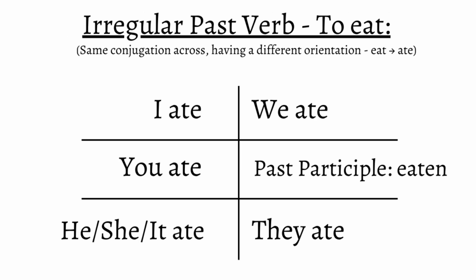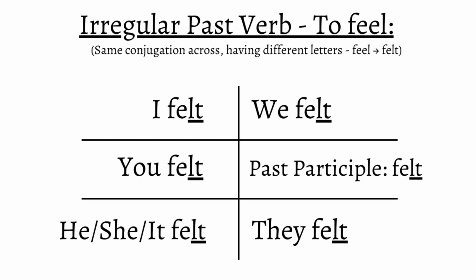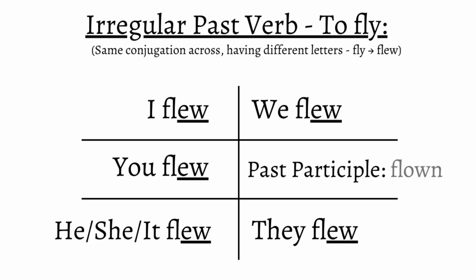Ate. Its past participle is eaten. Then we have to feel in the past simple. Felt. Its past participle is also the same. Felt. Now we have to fly. Flew. Its past participle is flown.